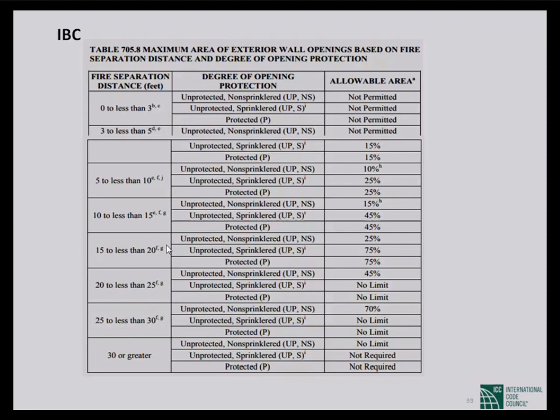You can consult the table in IBC, which is not in BNBC, or other than IBC, you can get it from NFPA or other code. You can get this type of table. NFPA also has this type of table, not a similar table. So you can consult for this. If the building is detached, what should be the opening at the nearest wall of this detached structure?